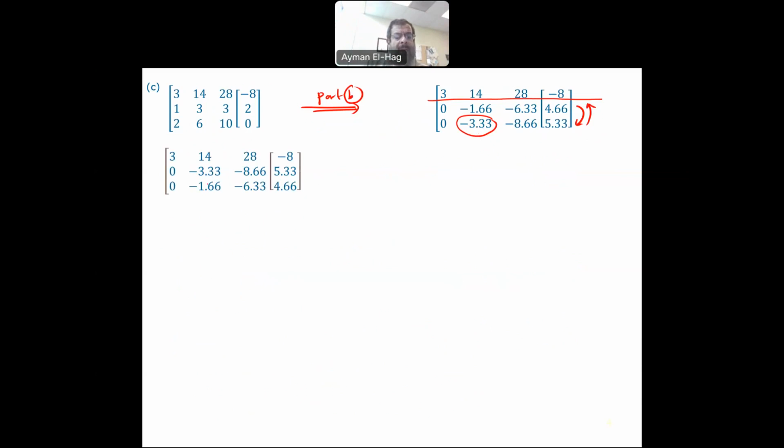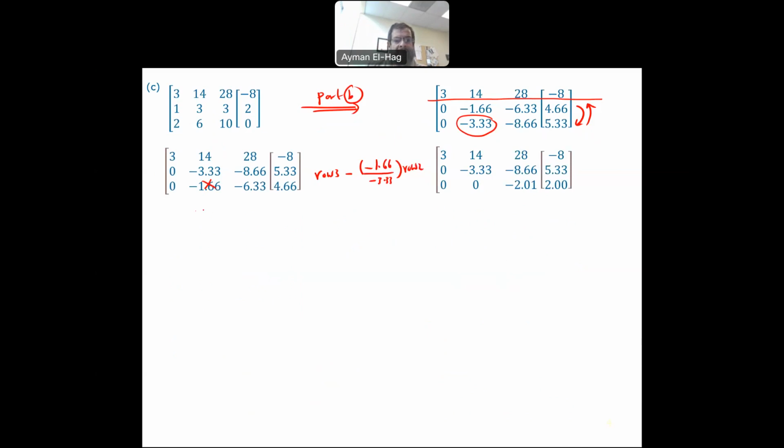Okay, so now I want to make this equal to 0, basically. So we'll have row 3 minus 1.66 divided by minus 3.33 times row 2, and if you do that, you will find this is the final answer. If you compare this matrix with the previous one, you will see that we end up with the same solution.